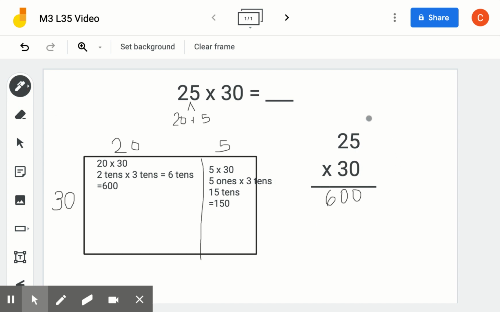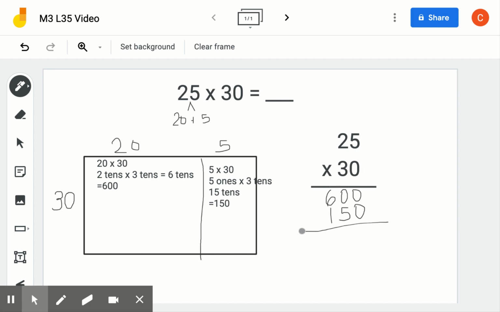Looking over at my partial product model, what we just did was these 3 tens times these 5 ones. 3 tens times 5 ones is 150. So I'm going to record that partial product down below.